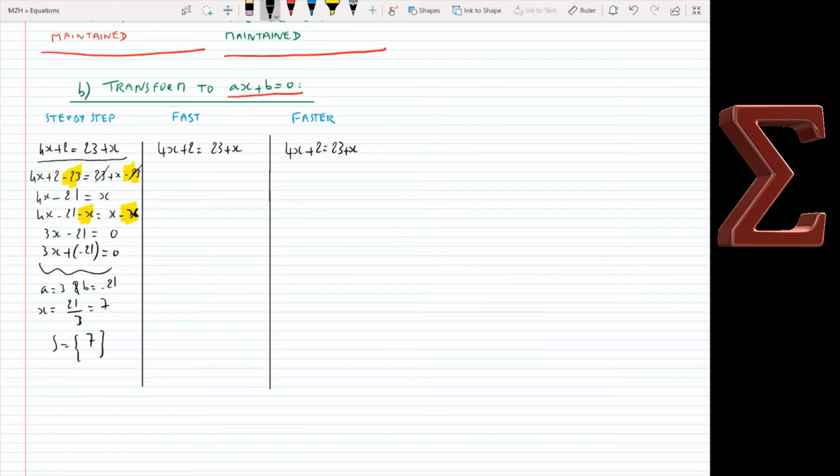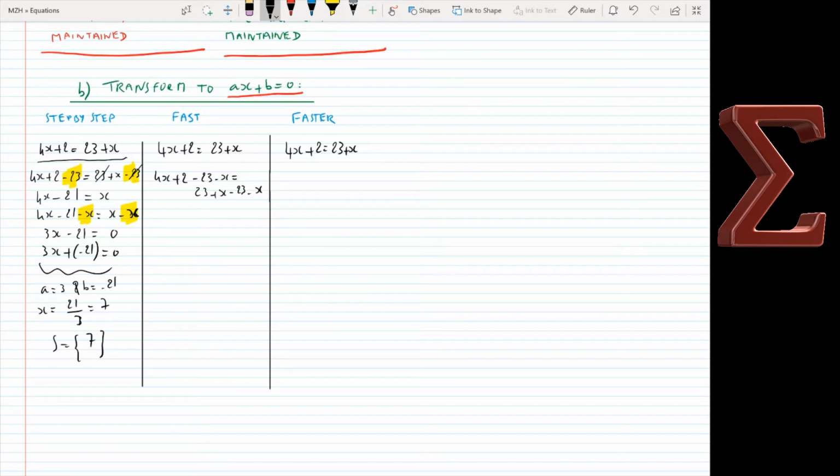Now, if you've noticed, I call this step by step, because I'm subtracting the right side step by step. I can go much faster, and in this case, I will just subtract everything on the right in one shot. This will be 4x plus 2 minus 23 minus x equals 23 plus x minus 23 minus x.